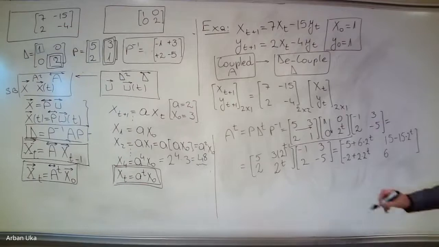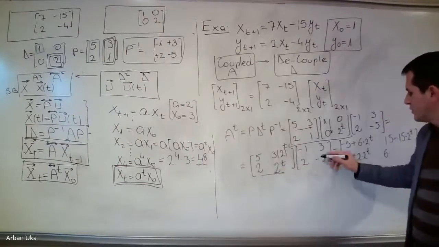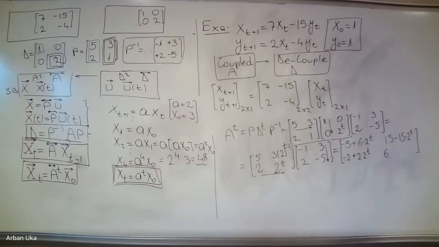What is this? We multiply this row with this column, so we get 6 minus 10 times 2 to the power t. So this is A to the power t.